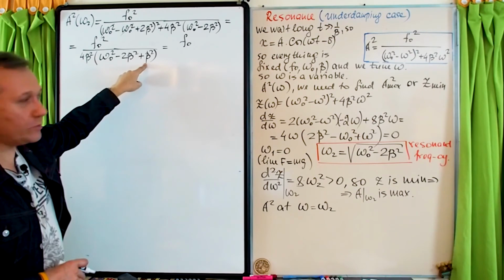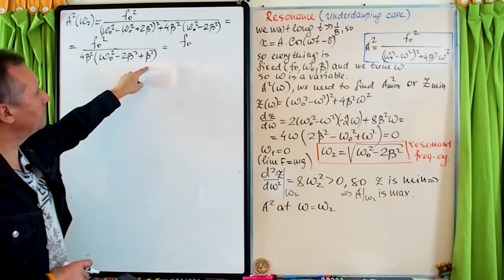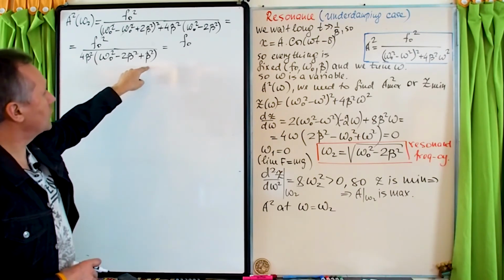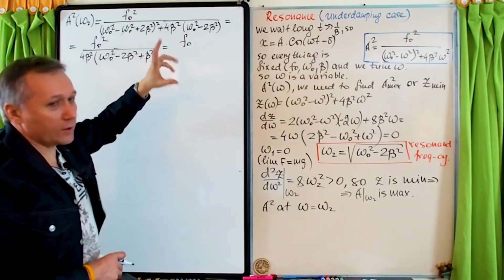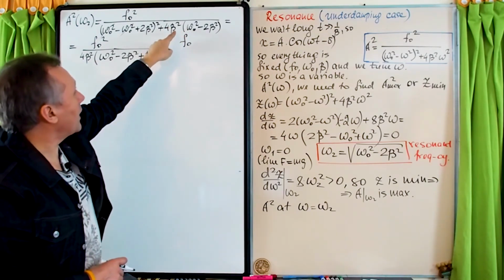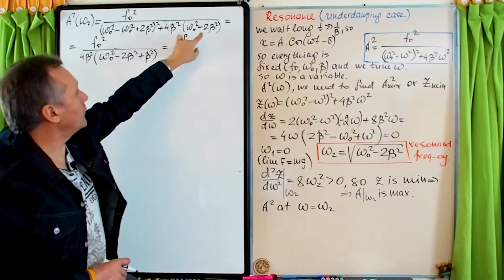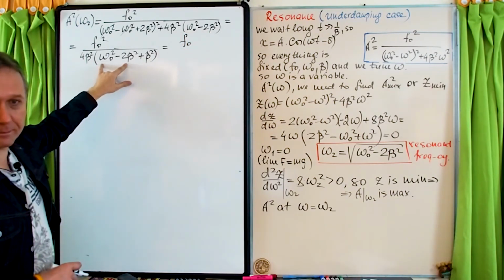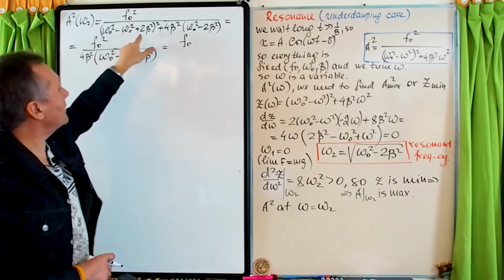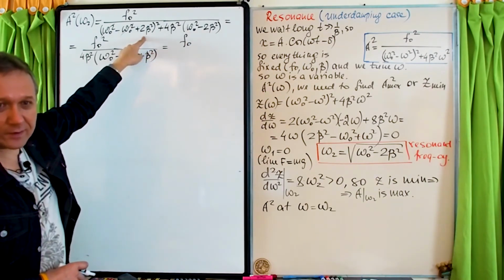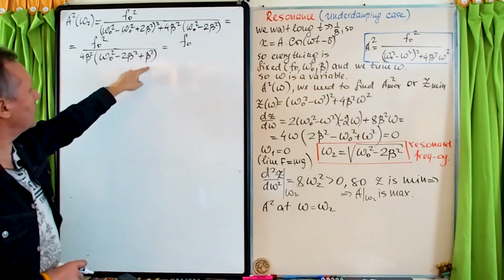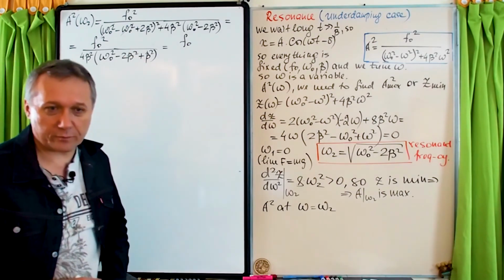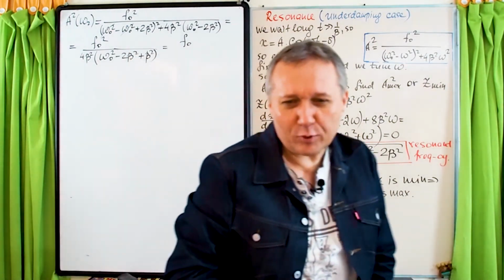Okay, you see I flipped the terms. So first I factor out 4 beta squared. If you multiply, you will get this 4 beta to the power of 4, right? Cool. Thank you very much.